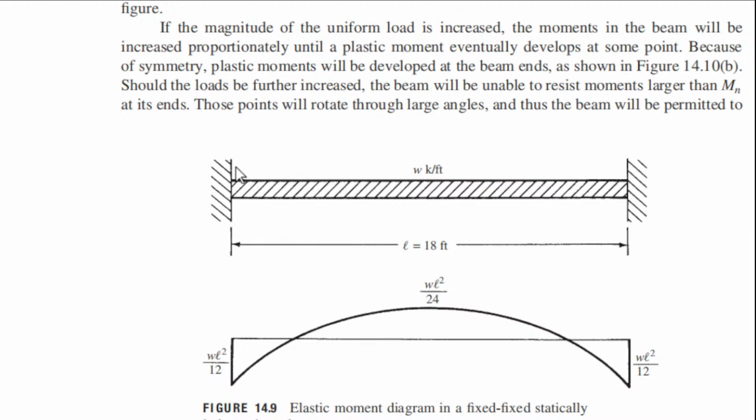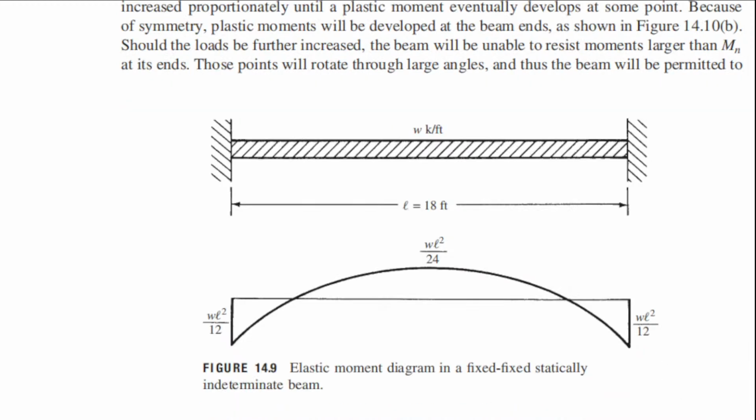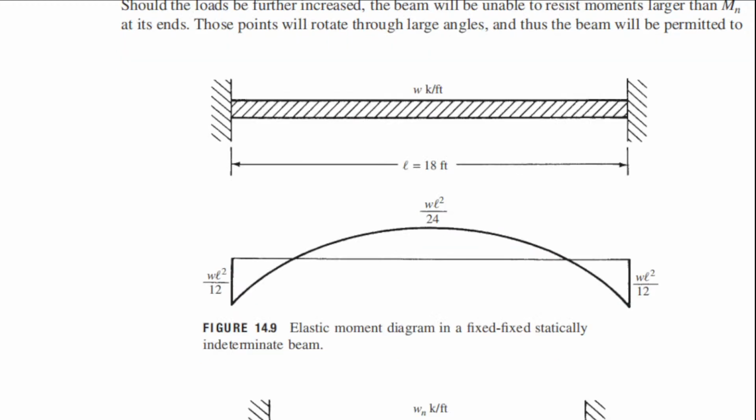Your beam is now simply supported. But still, it is okay because this is 108, this is 54, and it can hold the load up to 100, and right now it is only 54. Do you follow? So it became a simple beam.